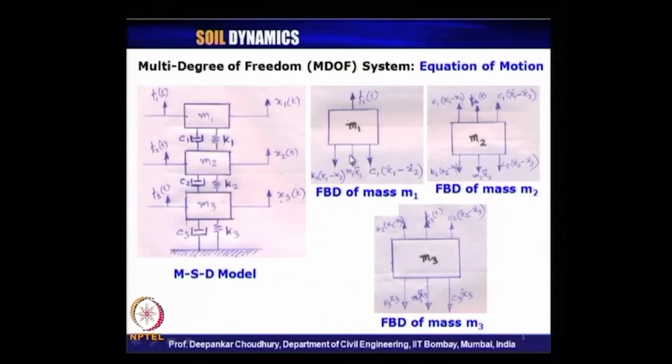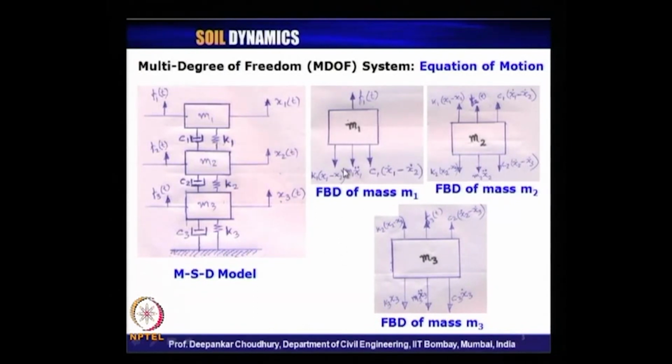from which we have drawn the free body diagram for each of these mass m1, m2 and m3. Forces acting for mass m1 are shown here, forces acting for mass m2 are shown here. To maintain the internal equilibrium, we have taken all the forces, and also the forces acting on mass m3 were shown here. Then what we did?